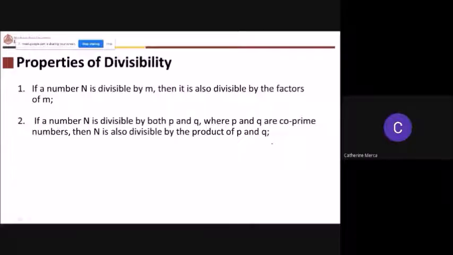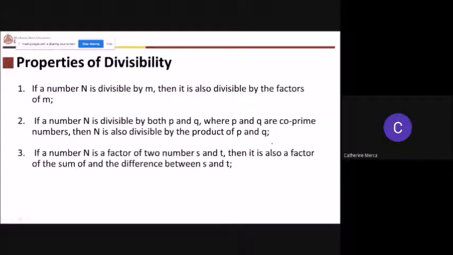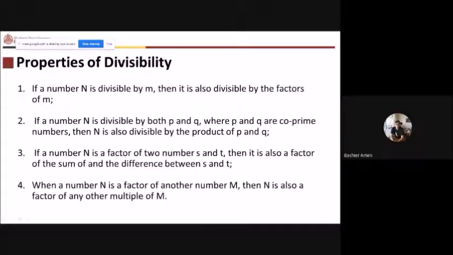Remember, these are natural numbers. If a number n is a factor of two numbers s and t, then it is also a factor of the sum. Therefore, if n is a factor of another number, then it's also a factor of another multiple.